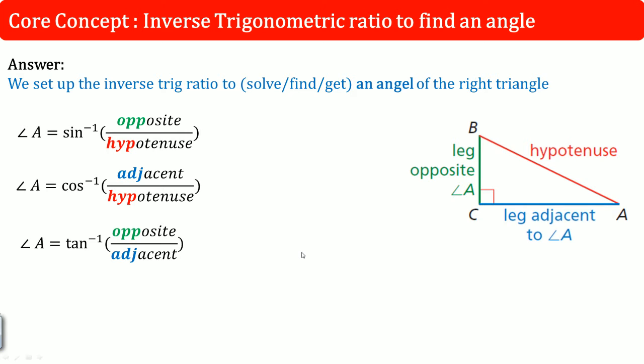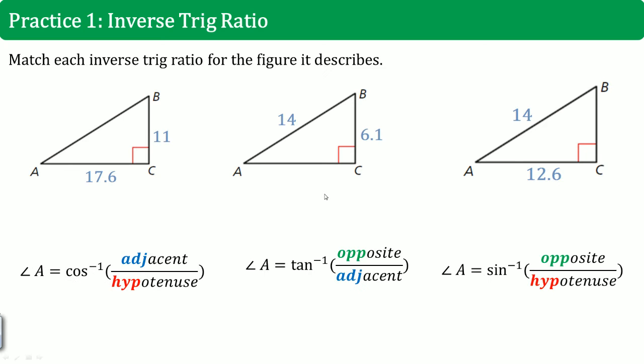Now let's see this core concept at work in a problem. What I would like you to do is match up each inverse trig ratio with each of its triangles. So here we are looking at it from the point of view of angle A. We saw that 17.6 is our adjacent, 11 is our opposite.